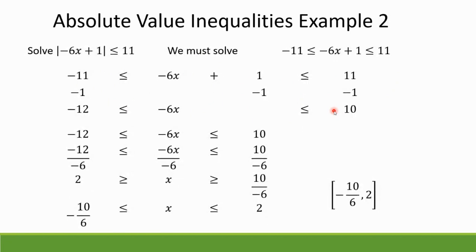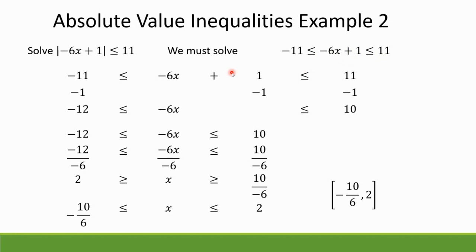All right, here's another example. So we have absolute value of -6x plus 1 less than or equal to 11. From here, we get this compound inequality: -11 less than or equal to -6x plus 1 less than or equal to 11.